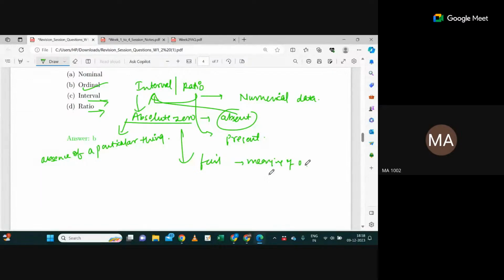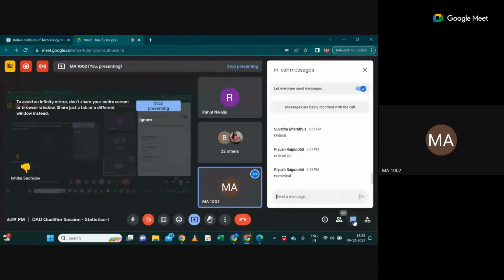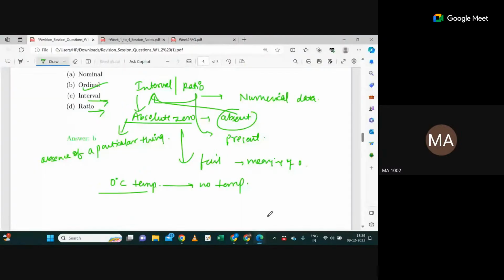For example, I'm saying 0 degree Celsius temperature. Does this mean there is no temperature? Can we say there is no temperature? We can't, right?